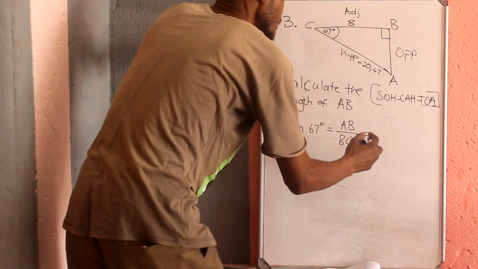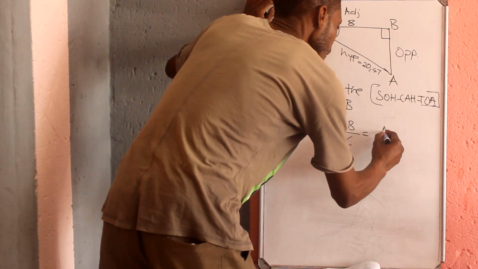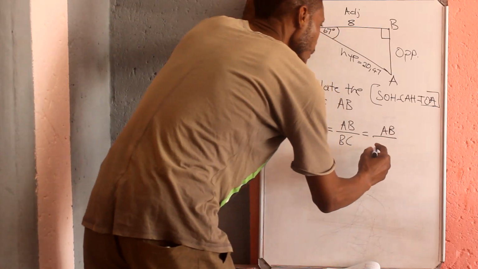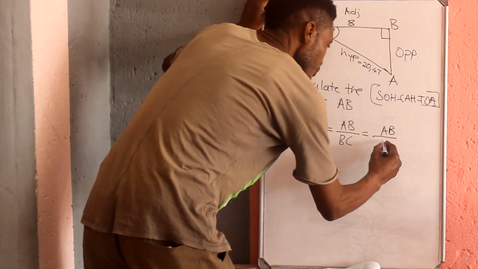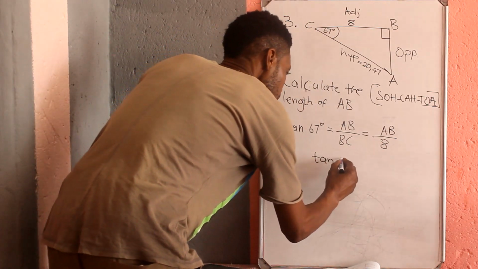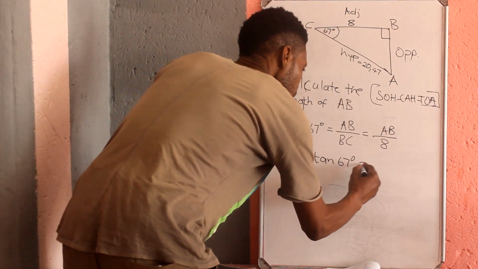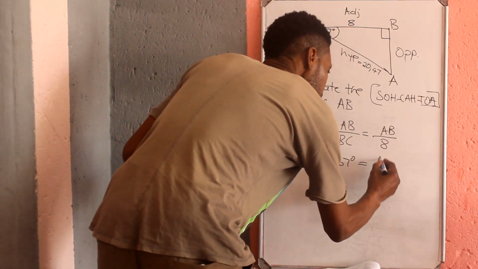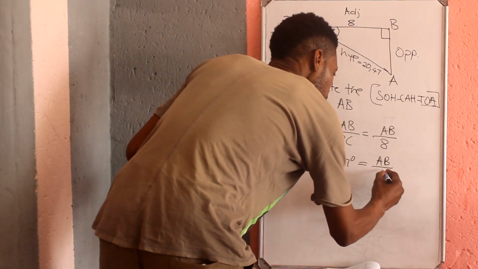This is going to be AB over BC being 8 units. Therefore we can write this out as tan 67 degrees equals AB over 8.